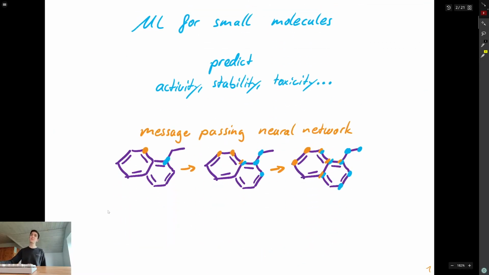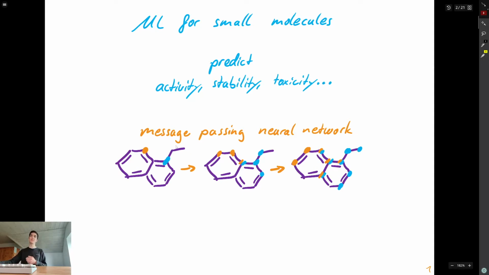If we're talking about doing message passing or using GNNs on molecules, what we mean is the molecular graph, where the nodes of the graph are given by the individual atoms and the edges of our graph are given by the atomic bonds between the atoms.